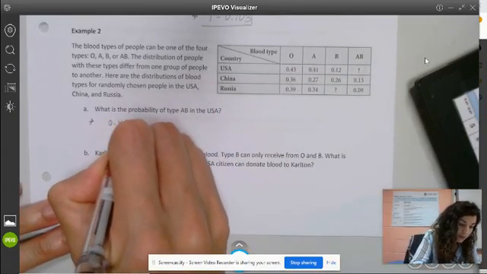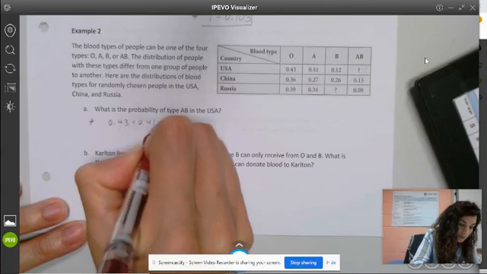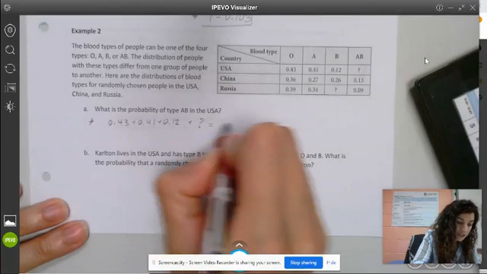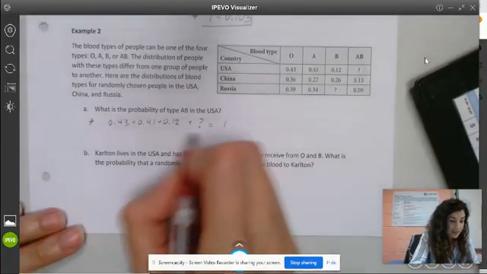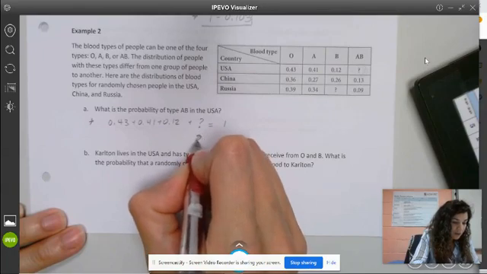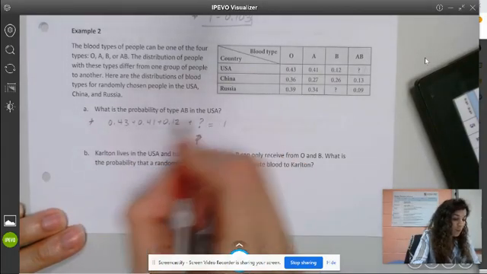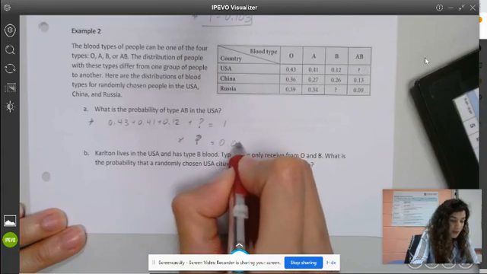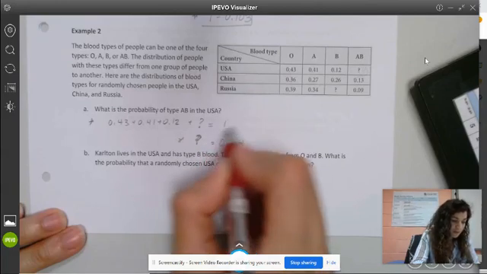So 0.43 plus 0.41 plus 0.12 plus question mark is going to give us 1. Subtracting out all of those probabilities from 1, we should get 0.04.